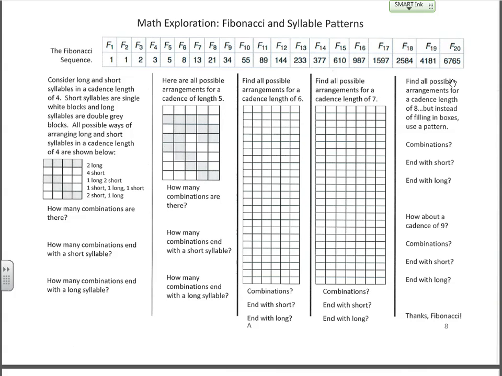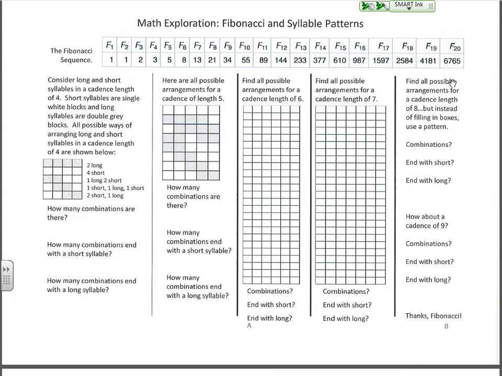So in the class that I've already specifically talked about this page with, the short and the long cadence thing kind of threw them for a loop, couldn't quite wrap their head around it. So instead, we looked at it as, how can you make a total of 4 using 1s and 2s, where a gray block represents a 2 and a white block represents a 1.